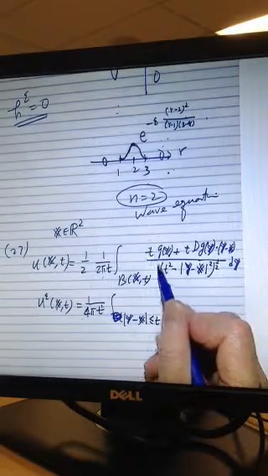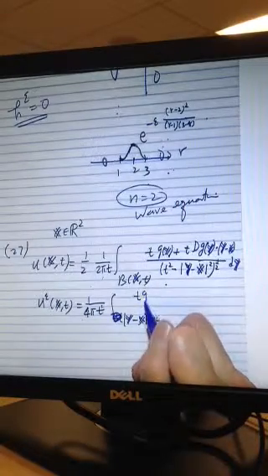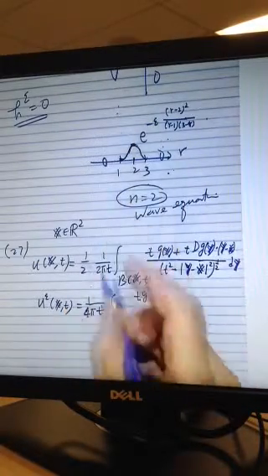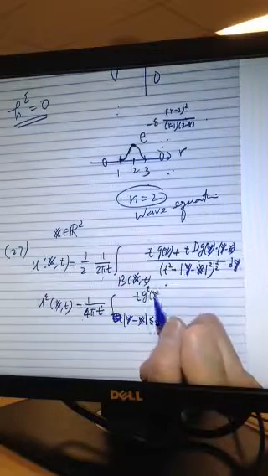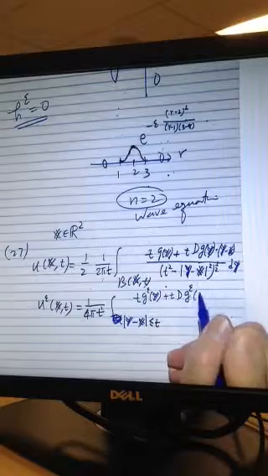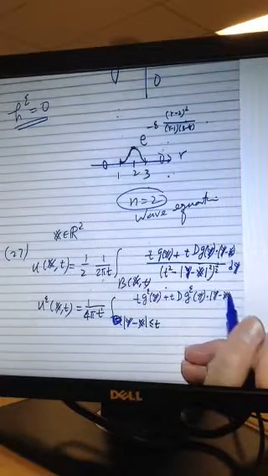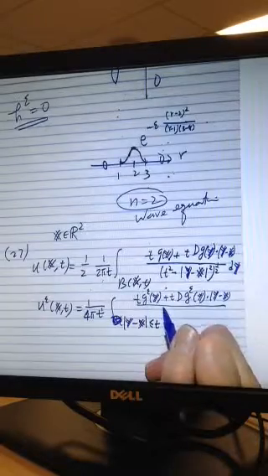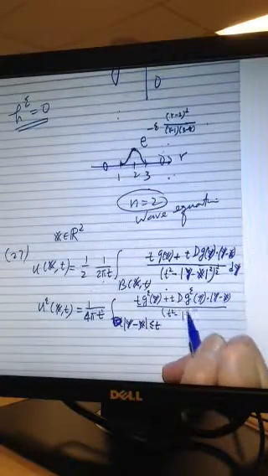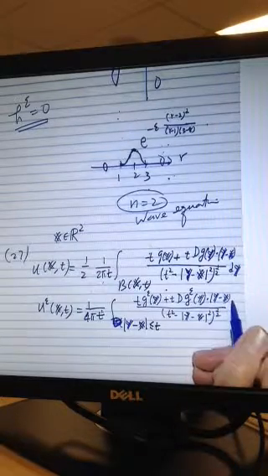And then t g epsilon is that one, right? g epsilon(y) plus t Dg epsilon(y) dot (y minus x), divided by (t squared minus |y minus x| squared) to the 1/2, dy.